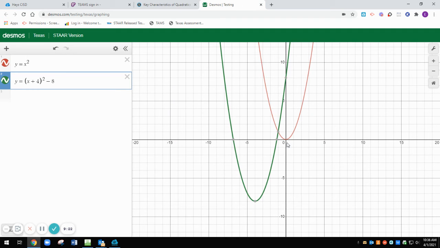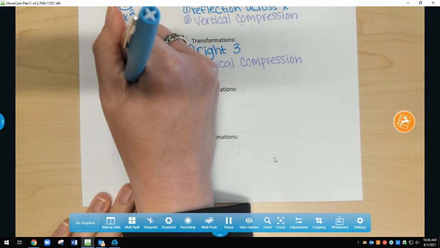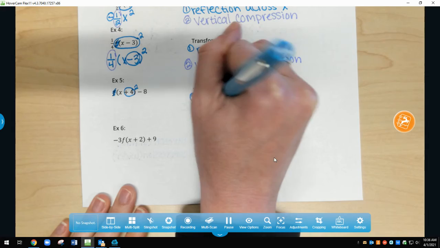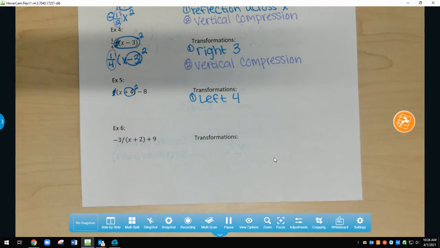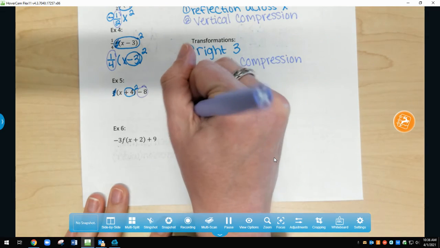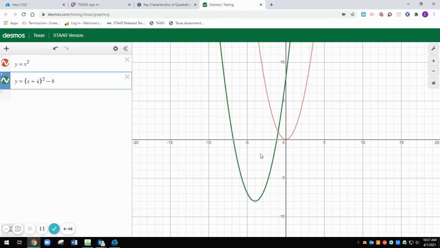So if we look, we moved over 1, 2, 3, 4 to the left. And that's because of this plus 4. So we went left 4. And then because of the minus 8, and if you go back to Desmos, we moved down 8.